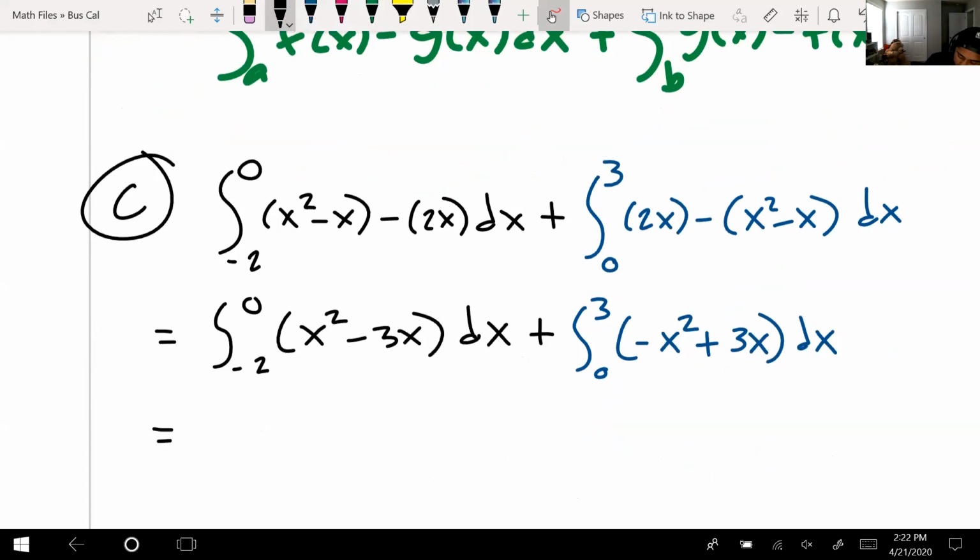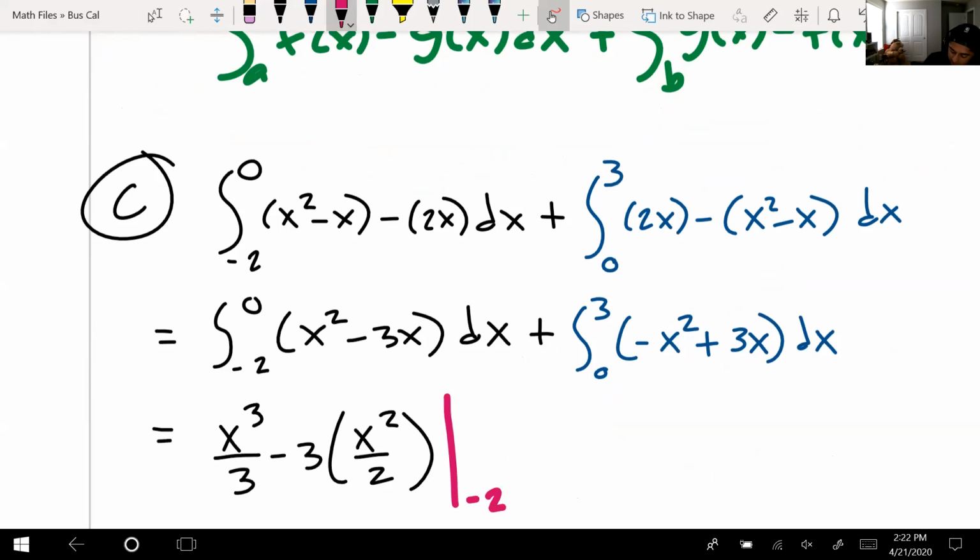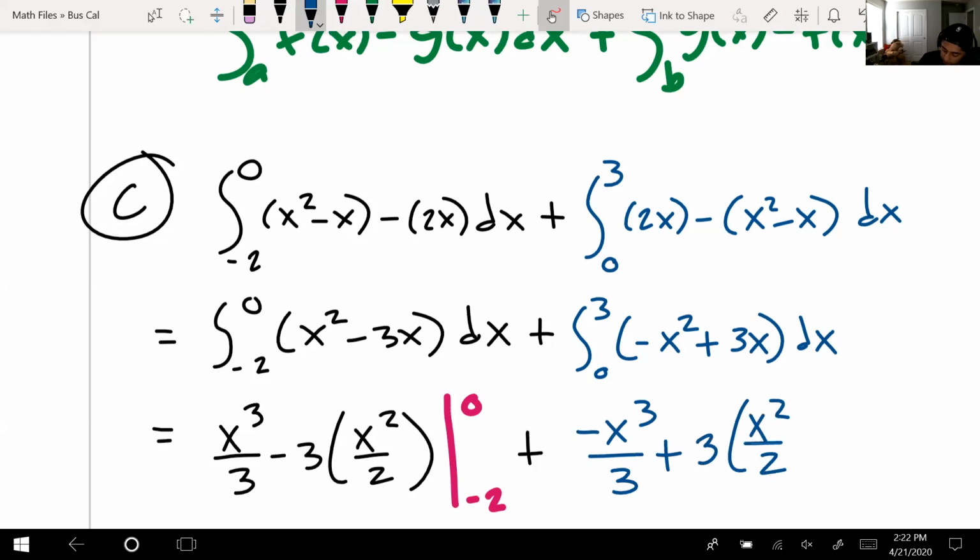Let's now find the antiderivatives. And you'll get x cubed over 3 minus 3 times x squared over 2 evaluated from -2 to 0, plus negative x cubed over 3 plus 3 times x squared over 2 evaluated from 0 to 3.